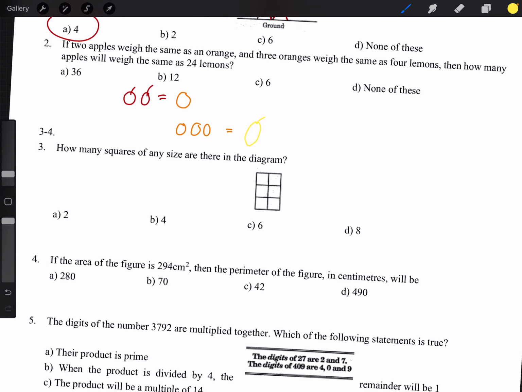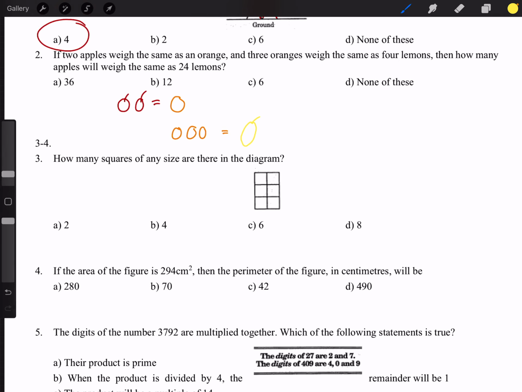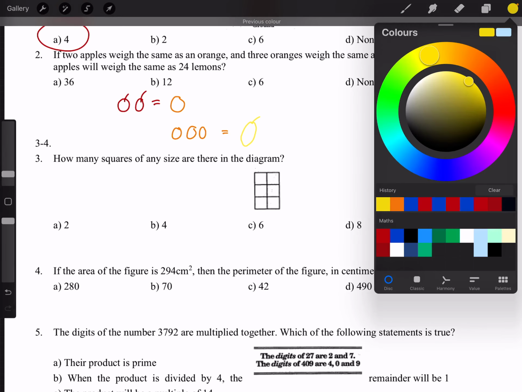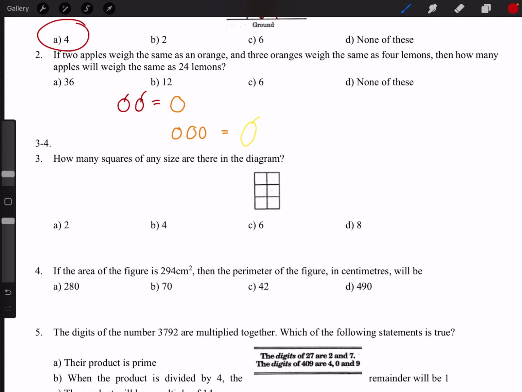Okay, so let's see. If you have 24 lemons, let's see what that is. If you times this by 24, you're going to times this by 24, right? Yeah, because you got 24 lemons. So if you have 24 lemons, that means 24 times 3 oranges. 24 times 3 will give you what? I think 72. Yes, 72. So that means that 24 lemons equal to 72 oranges.